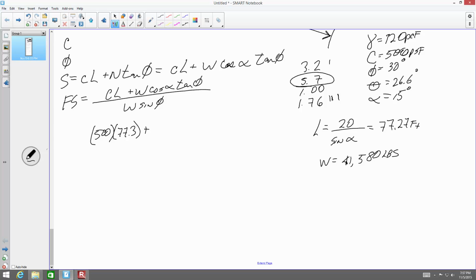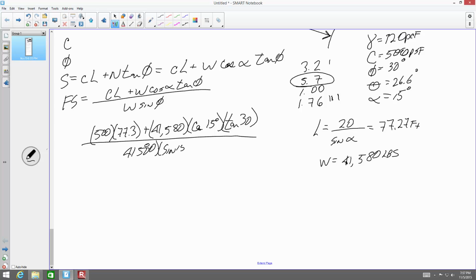Here again, it's unit weight times the area times 1 foot into the board, which gives you your total weight. 41580 times the cosine of 15 times the tangent of 30, all over 41580 times the sine of 15. So that's what's heading down the hill. This is the driving force. This is driving. This is resisting.